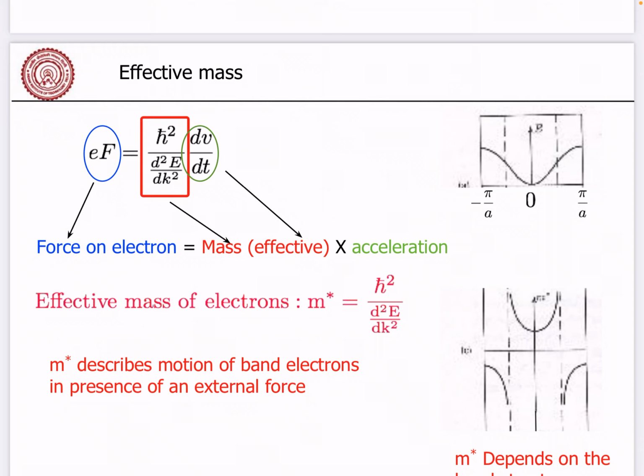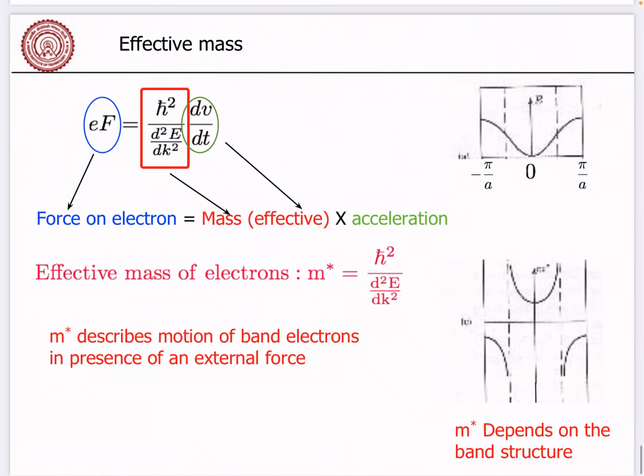Because E versus k you know, right? So I am plotting E versus k at the top, and at the bottom you have the effective mass, right? So what you see here is the inverse of the double derivative of E with respect to k.